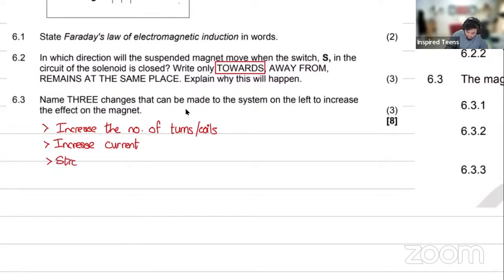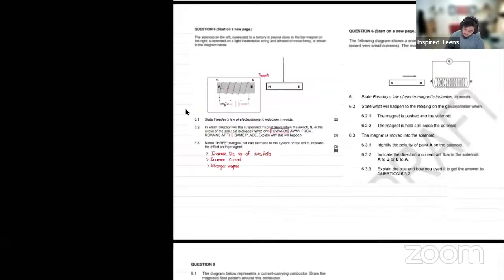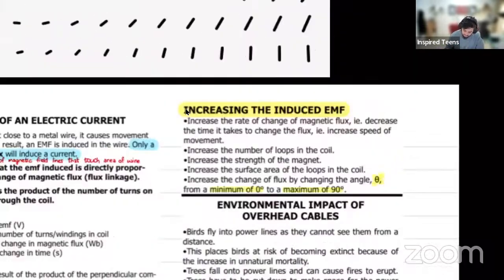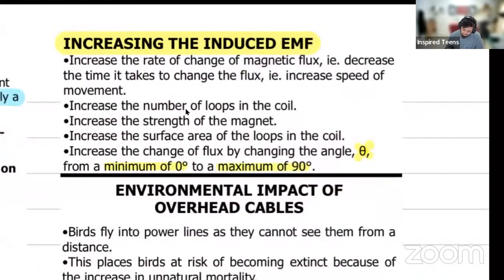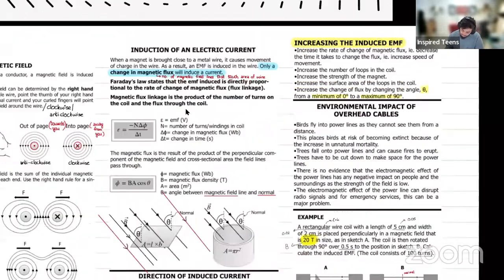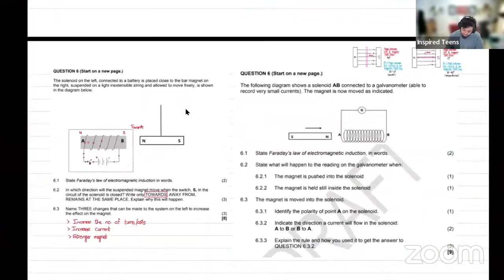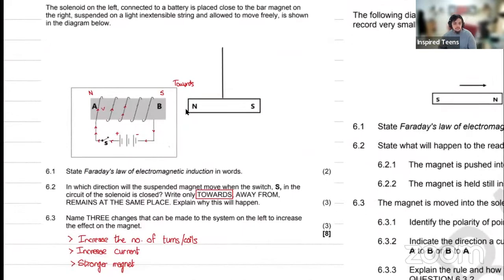Use a stronger magnet. Basically, those are the points we discussed earlier. I'm not going to give you that last one, but any of these work. These are the ways in which we can change the system on the left to increase the effect on the magnet.